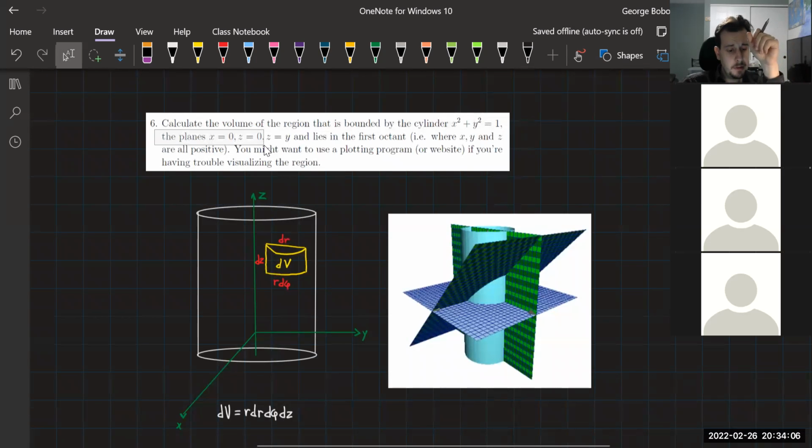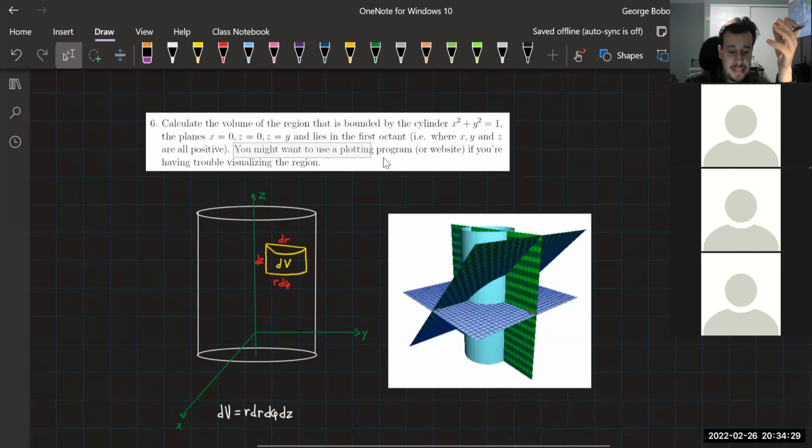The planes are x equals 0, z equals 0, and z equals y. And we are on the first octant where x, y, and z are all positive. Okay, so we got to remember x, y, and z are all positive. That's where we're going to be. That's another constraint here.